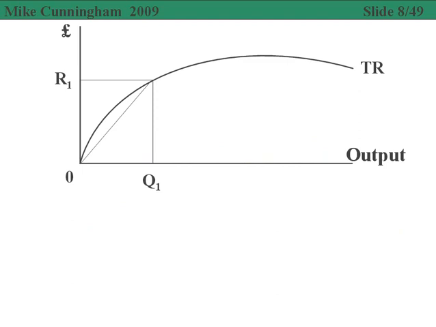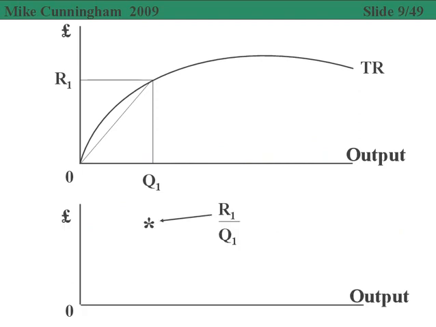Now let's draw a second diagram underneath this to show what happens to the average. This diagram underneath has pounds on the vertical axis and output on the horizontal axis, and I've marked a point on here which represents the ratio R1 is to Q1. So it's R1 divided by Q1.